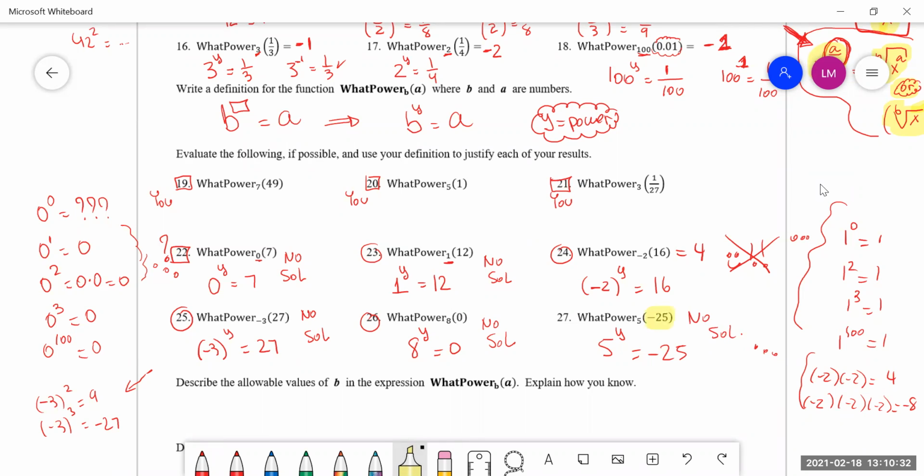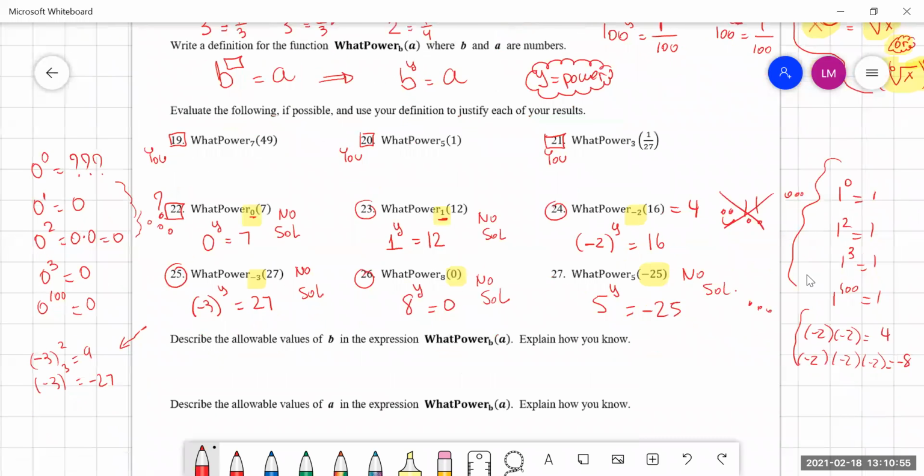The answer inside cannot be negative or 0. The base cannot be 0, cannot be 1. I don't like negatives. Something funky sometimes happens, sometimes it doesn't. Sometimes it works, sometimes it doesn't. So based on the examples that we saw, we can come up with two conclusions.